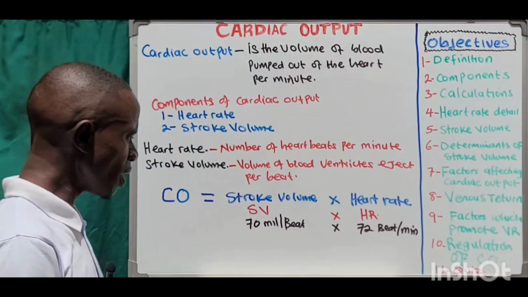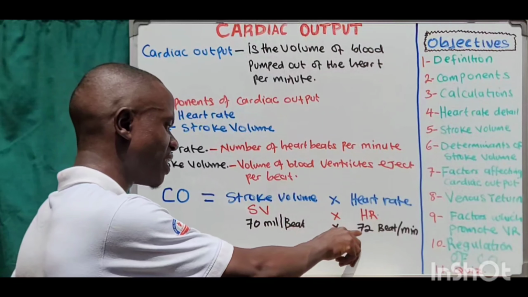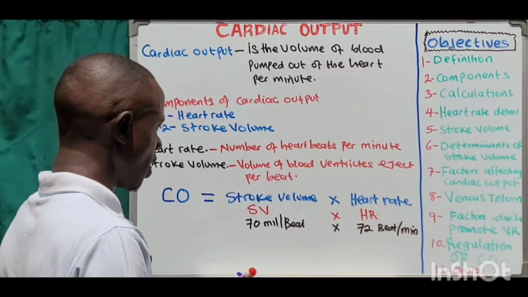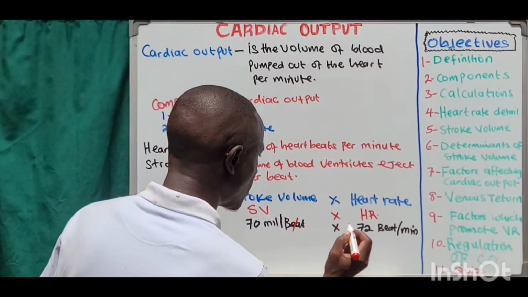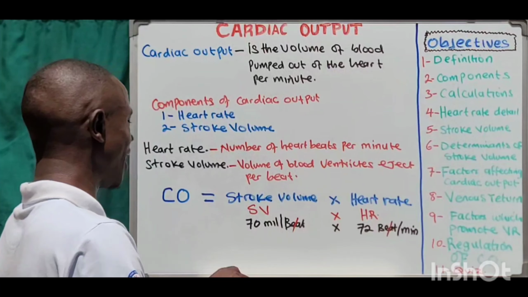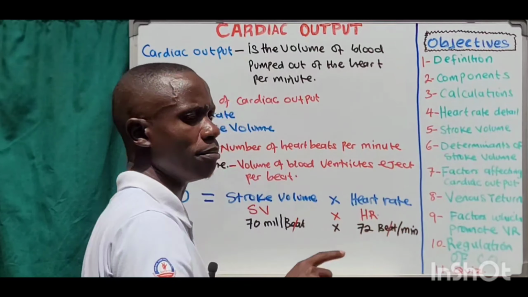Now, when we look at 70 mils per beat and 72 beats per minute, what is common on both sides? You realize it's the beats. They cancel out, meaning the units remain as milliliters per minute.